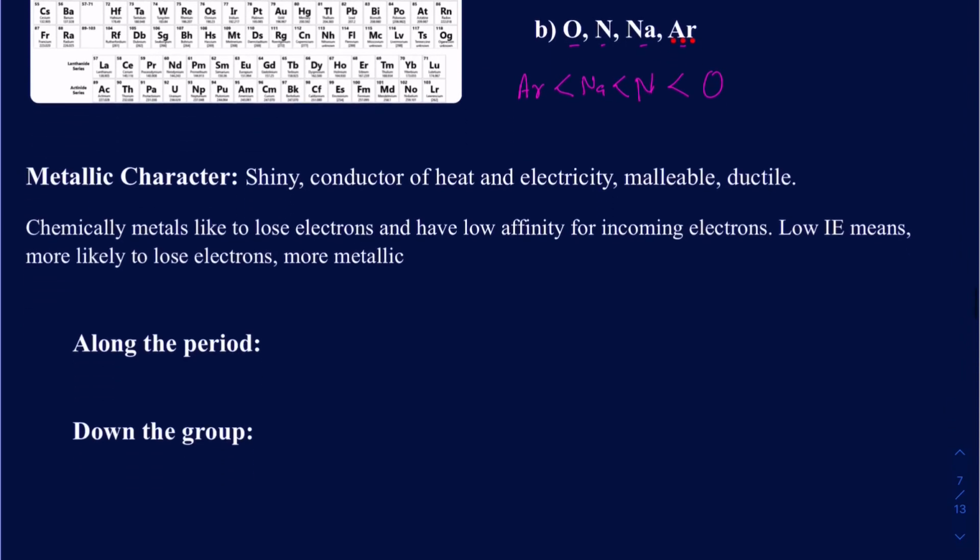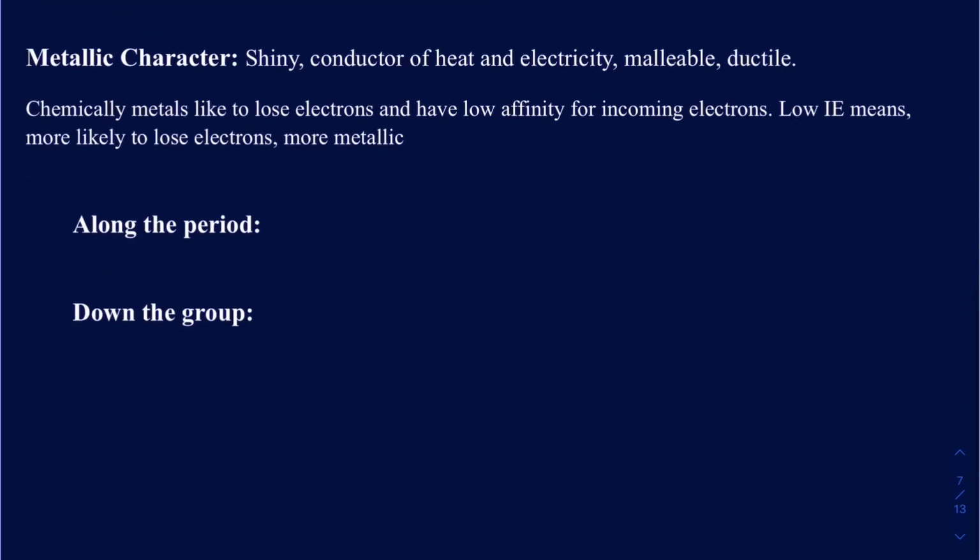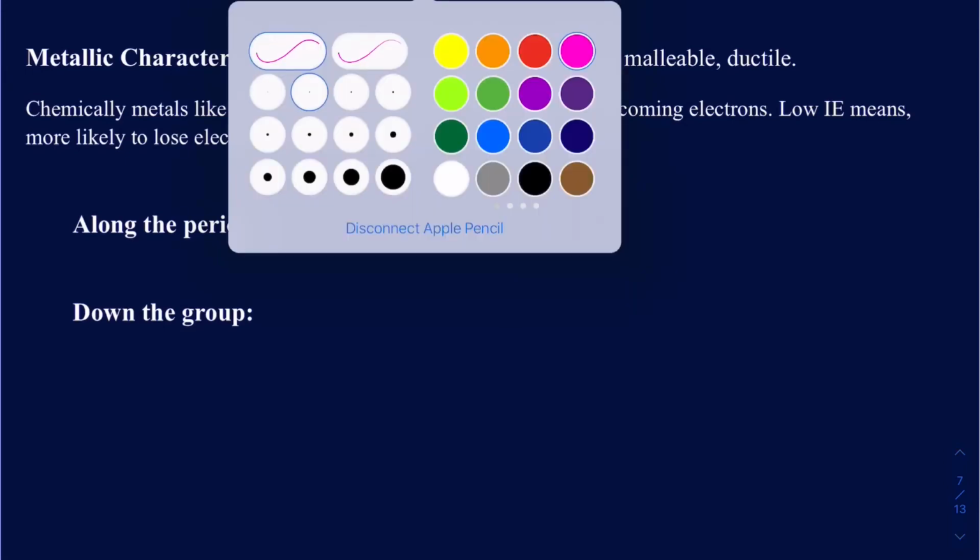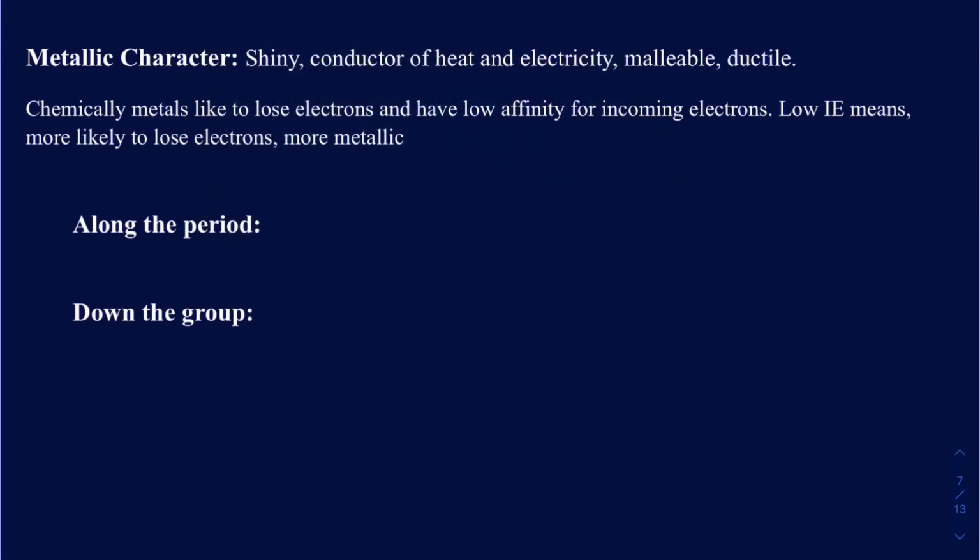Let's focus on metallic character. So sometimes they ask you questions like, which particular metal is going to be more metallic in character? As the name specifies here, the character of the metals is being shiny, they are good conductors of heat and electricity.